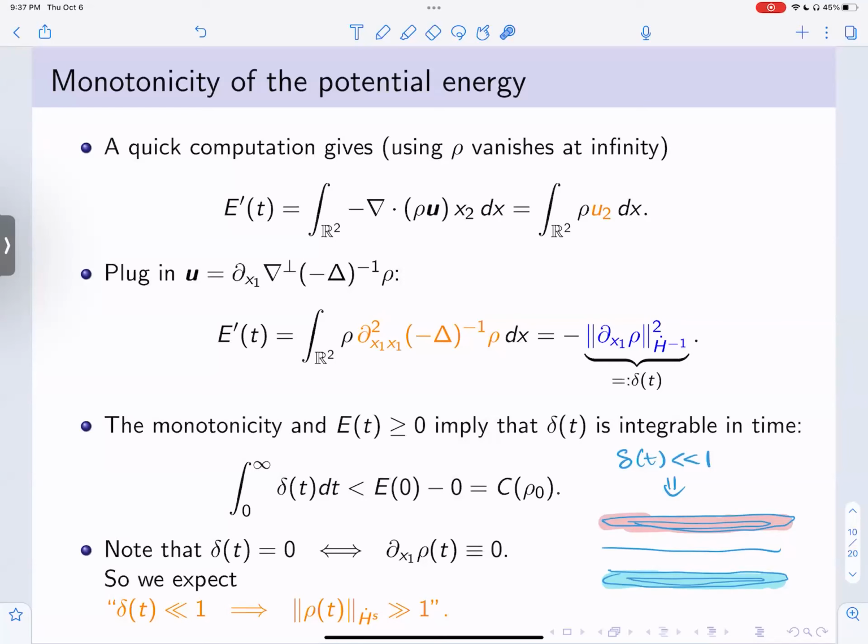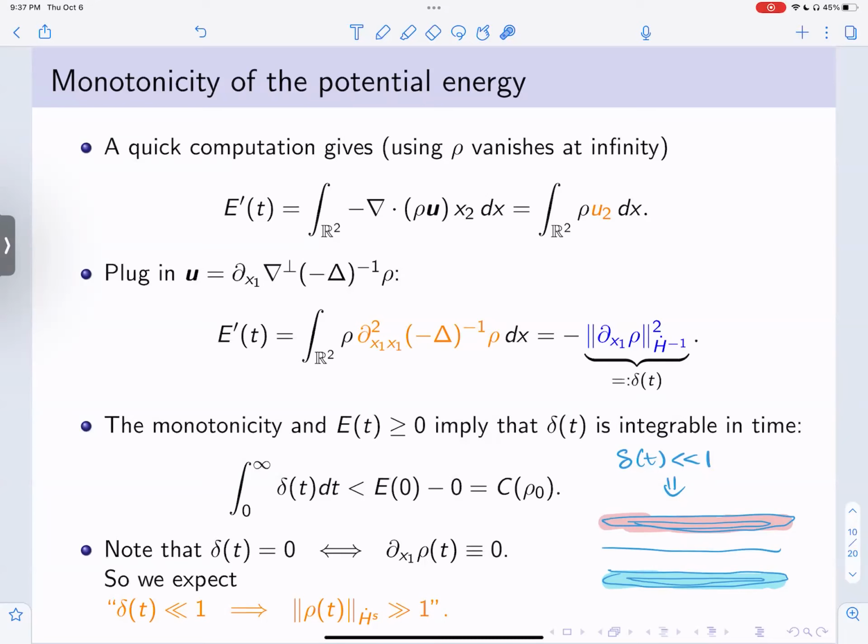So intuitively, when delta is tiny, this will only happen if rho is almost horizontally stratified, which means that, because rho has a finite support, the support of rho has to be stretched into something that is very long. And because delta is integrable, we do know that as time becomes very large, delta needs to be tiny. So rho needs to be very stretched, intuitively.